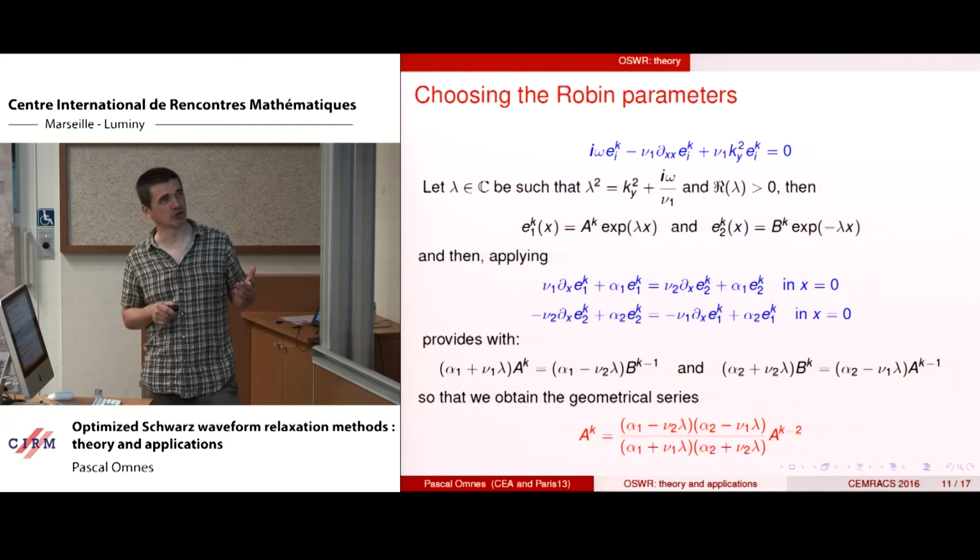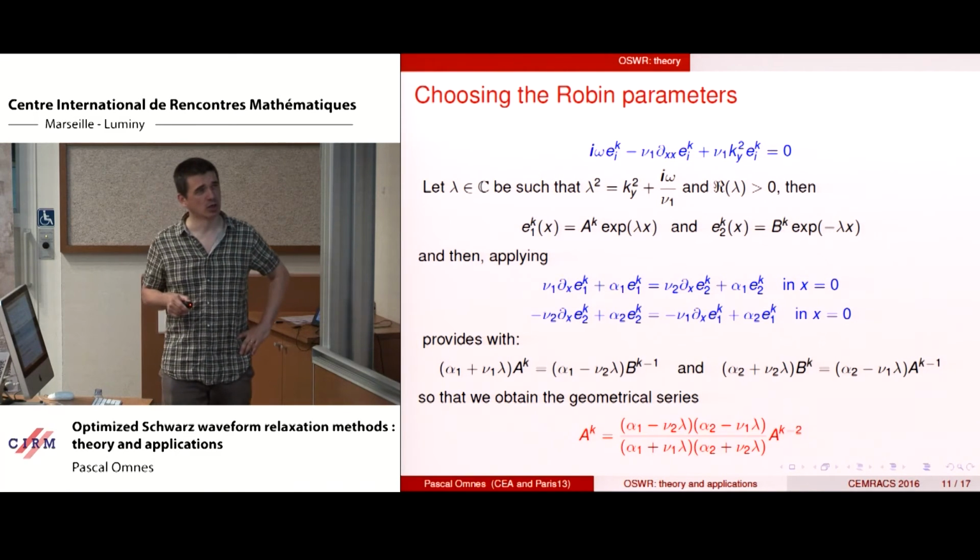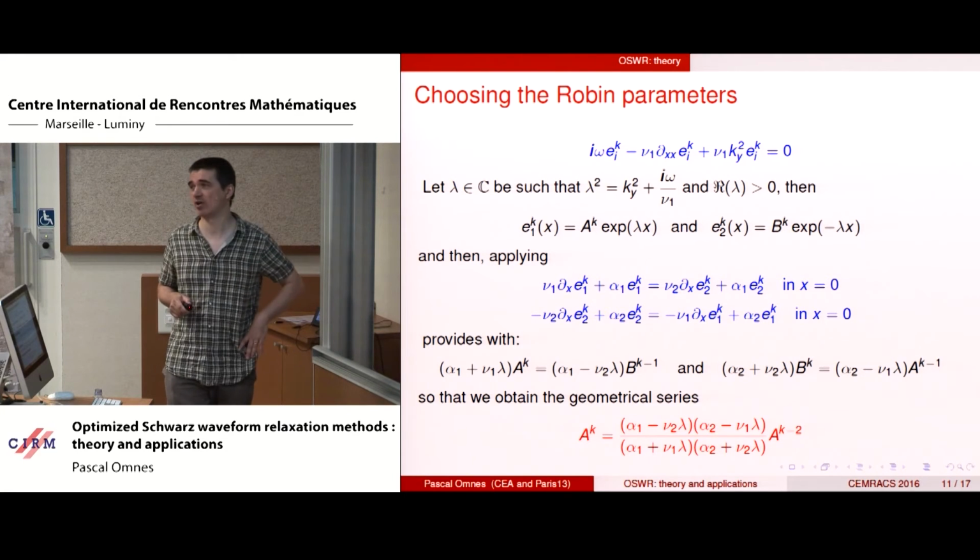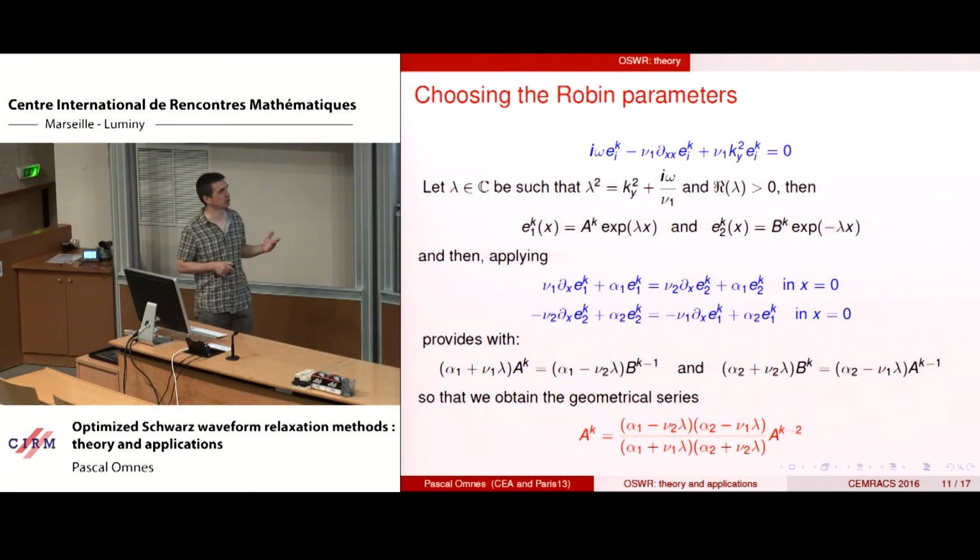And the relationship depends on your Robin parameters, and so by eliminating B_k, you have that A_k verifies for each mode, so for each omega and ky.